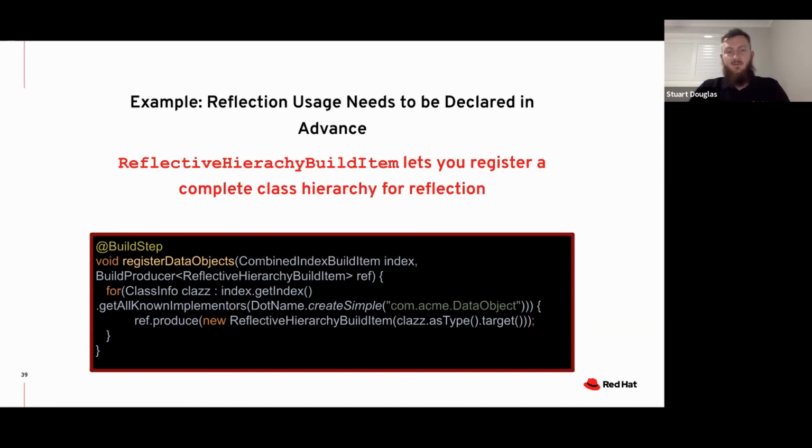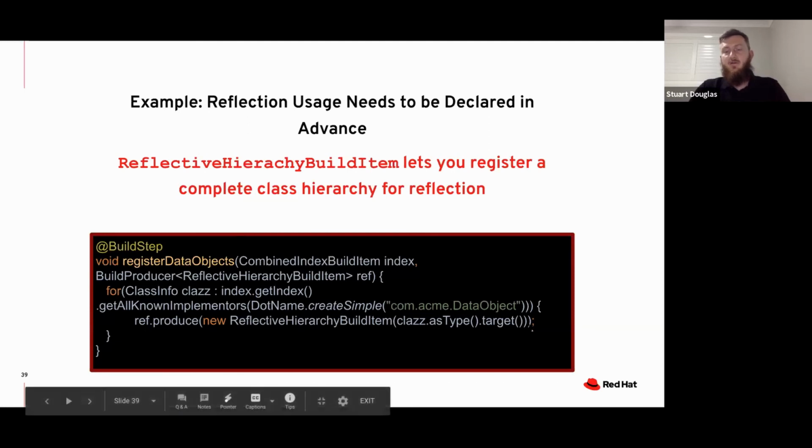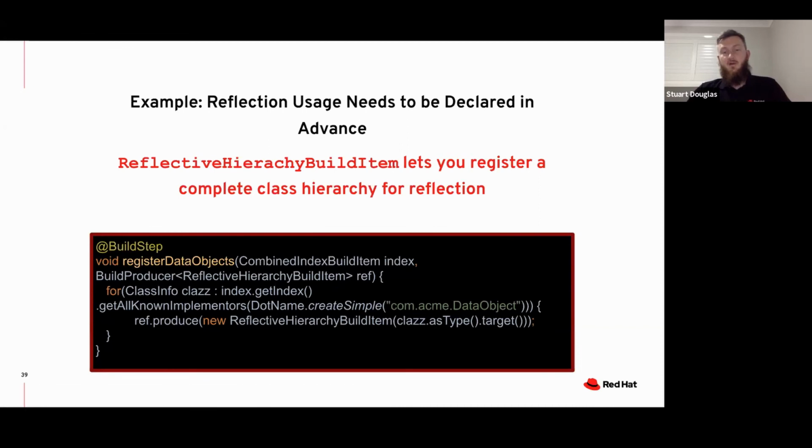Here's a very simple example where it looks for everything that implements com.acme.data object and registers the whole thing for reflection. So if you're trying to get a framework or a library or some homegrown code to work on native, the easiest way might be to write a Quarkus extension which can analyze the objects that you know need to use reflection and register them all automatically.